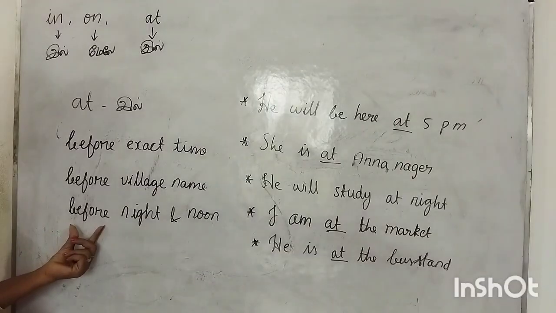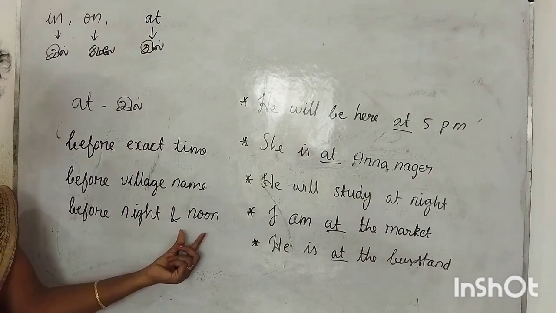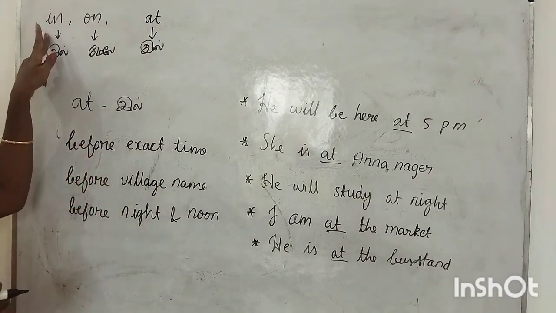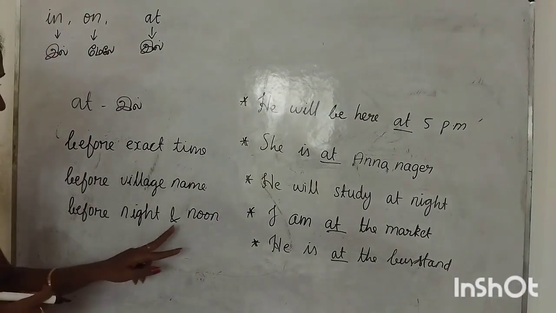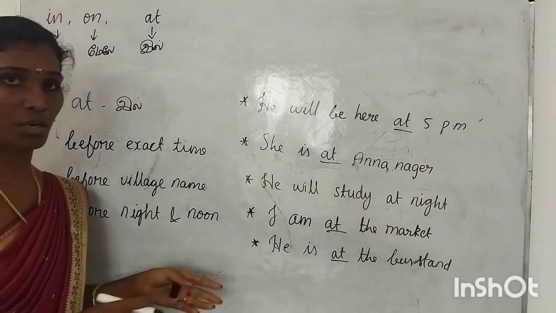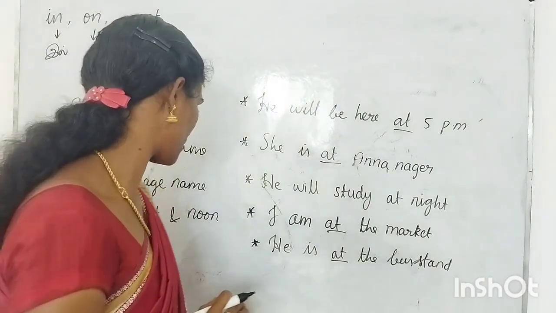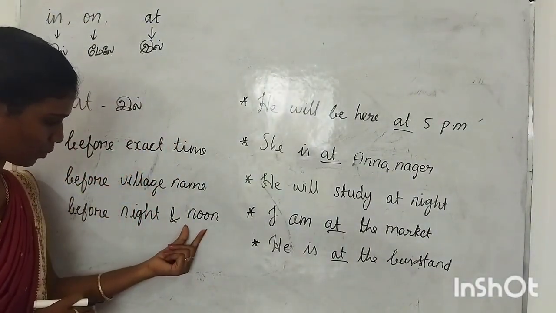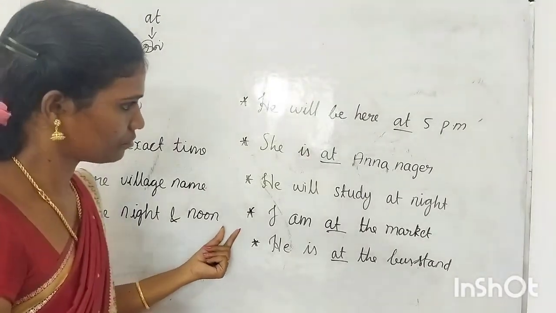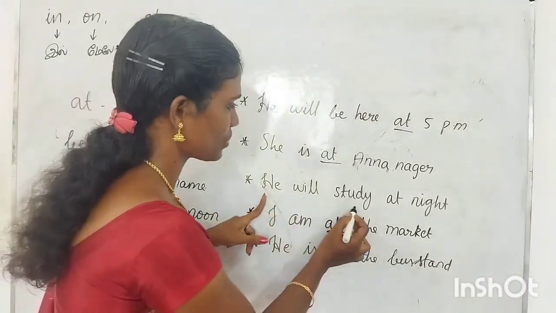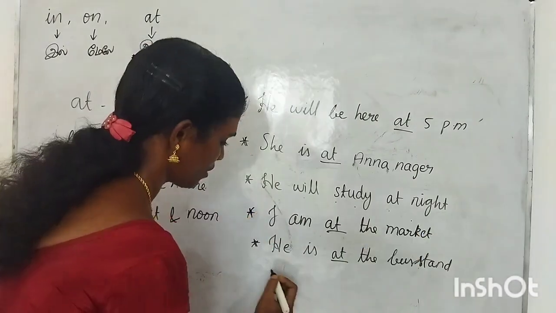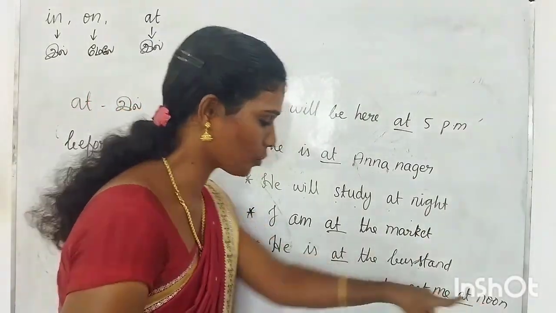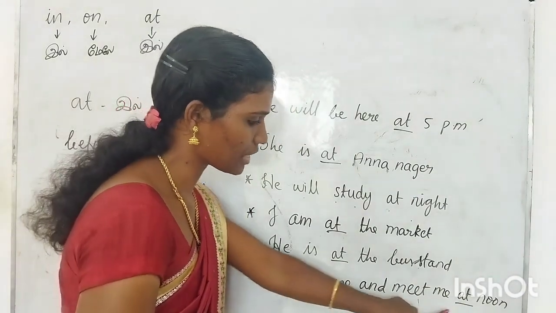Next, before night and noon. Morning and evening take the preposition in, and night and noon mean mid time, lunch time, so before night and noon the preposition is at. Example: he will study at night. You come and meet me at noon.